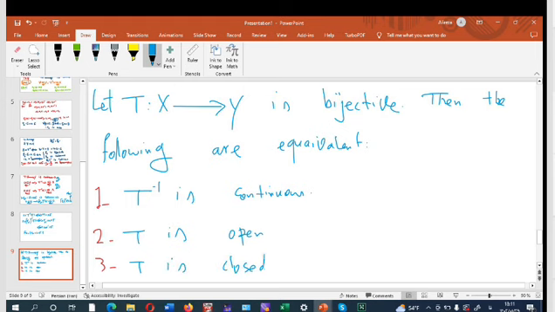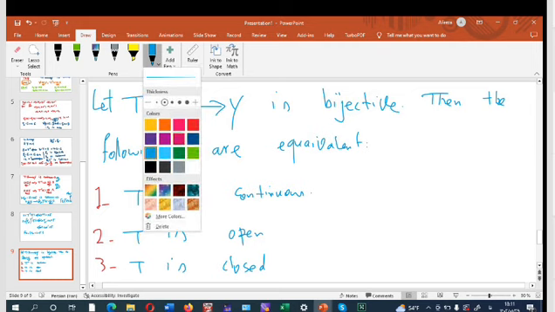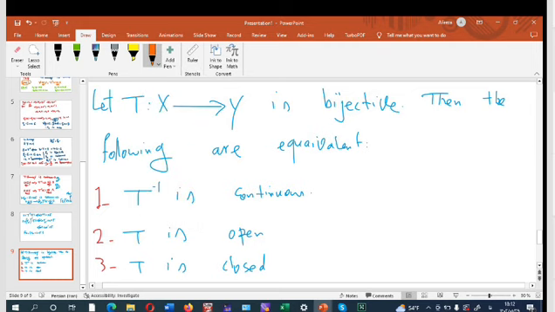Please note that T is open has these definitions.